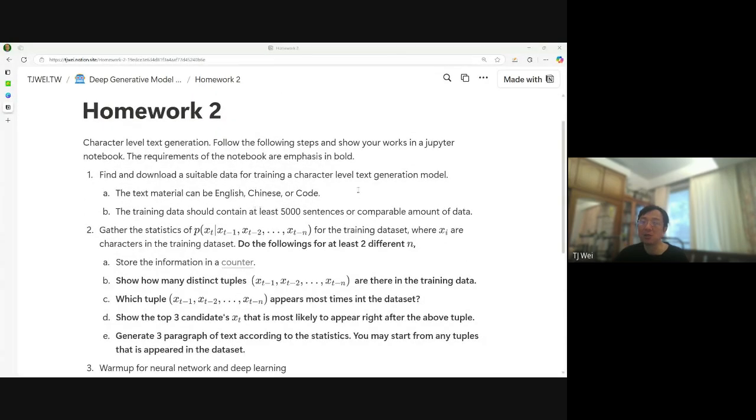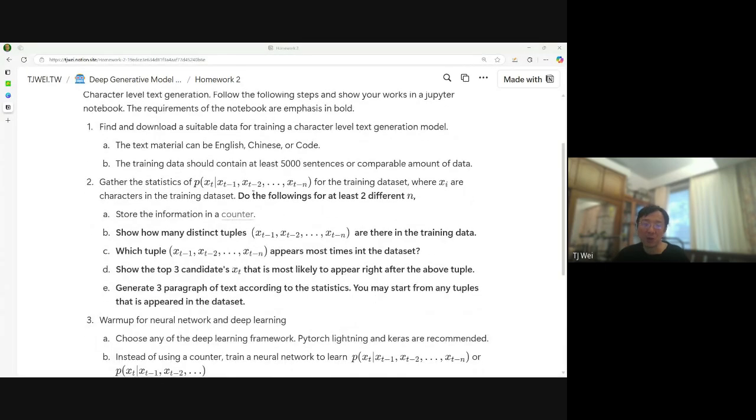So I suggest you have a data set of 5,000 sentences, but if for some reason you don't get 5,000 sentences, because our method of submitting the homework is E3, if you collect training data containing like 4,000 sentences, we have no way to tell the differences. So this is only a suggestion, and it would be slightly better.